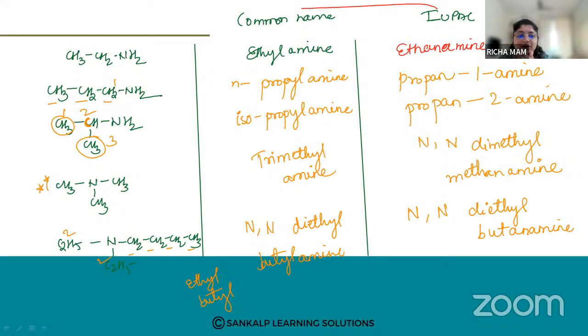So this is butylamine, that is butanamine. Okay, we'll go for the next compounds.